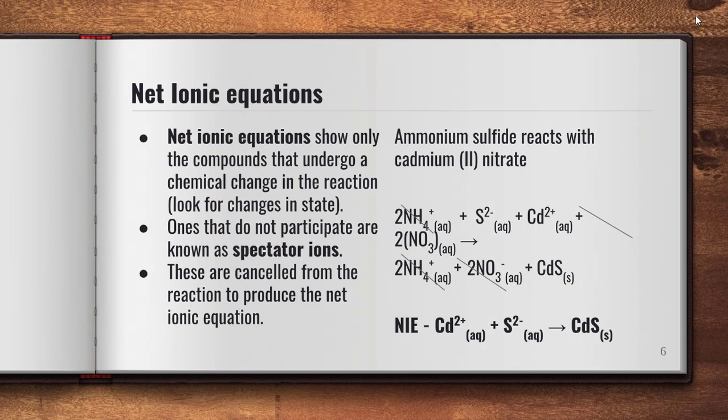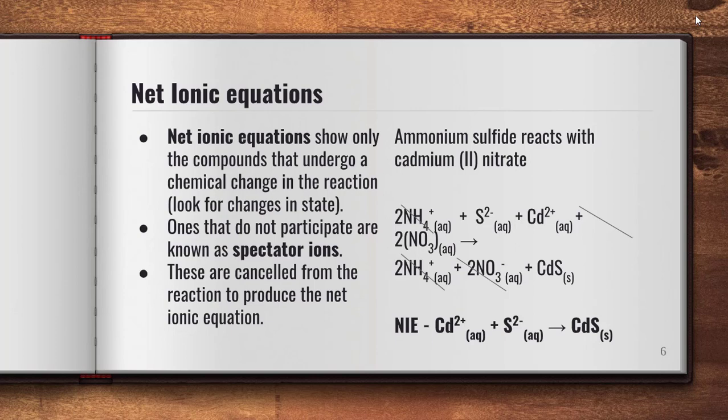Now, what I look at next is I go through and I write the net ionic equation. Net ionic equations show only the compounds that undergo a change in the chemical reaction. You want to look for changes in state. So, for example, if something goes from aqueous on one side of the equation to solid on the other side of the equation, you would want to keep those as those change in state. Ones that do not participate are known as spectator ions. These are canceled from the reaction to produce what's called the net ionic equation.